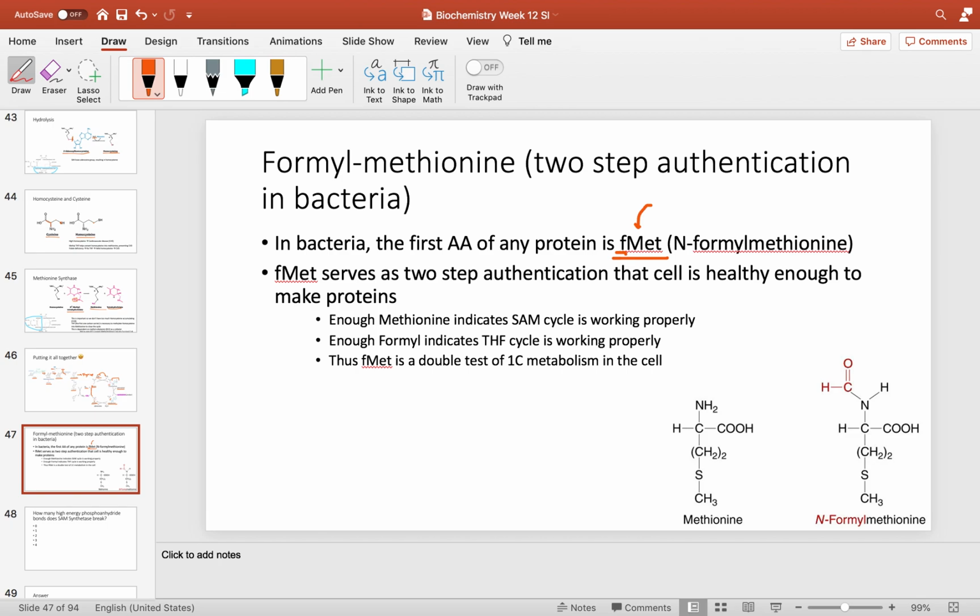And remember, your THF can form the N5 formyl or N10 formyl forms. So enough of this formyl group to produce F-met indicates the THF cycle is also working properly. So when you know these 2 things, SAM and THF are good, then you can say, okay, I'm good to produce proteins. So this F-met is really a double test of your one-carbon metabolism.